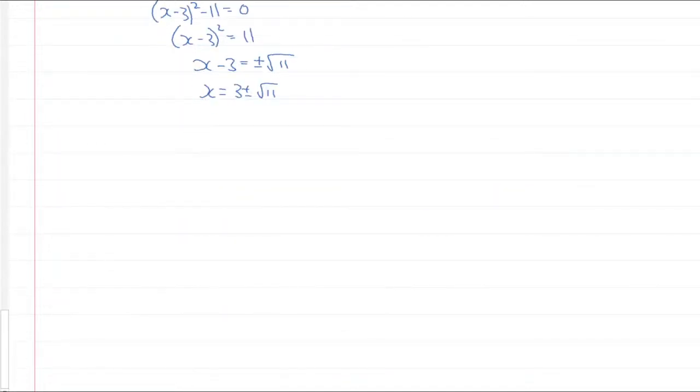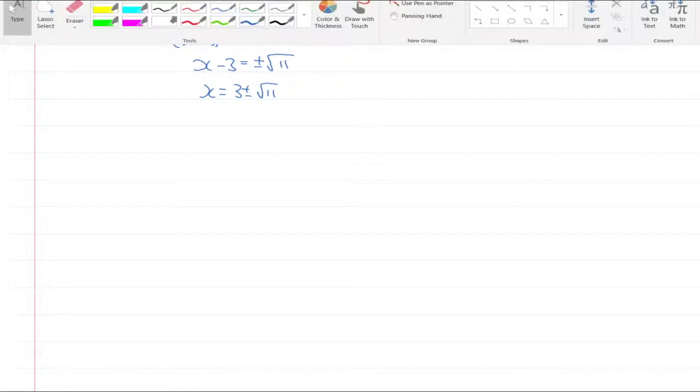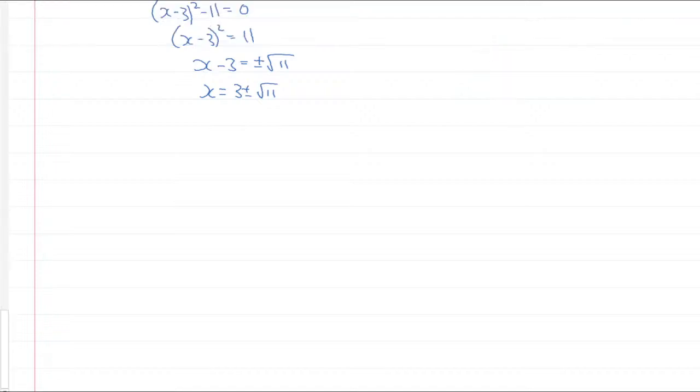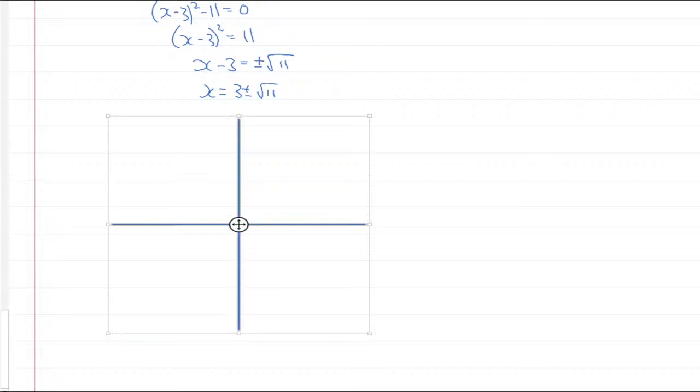Okay, so let's plot my axes first of all. Here's my axes. I've got an intercept at -2, was it? -2. 3 minus 11.